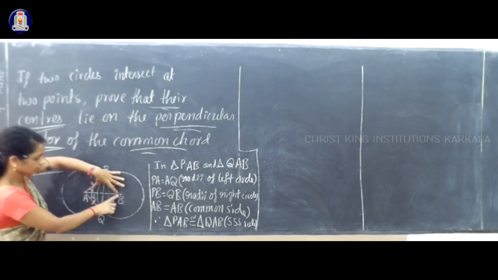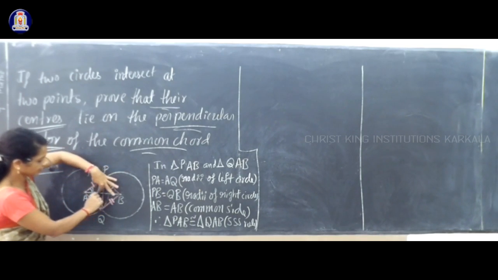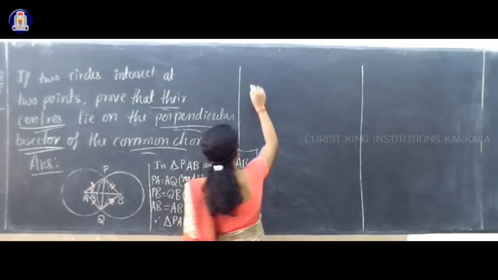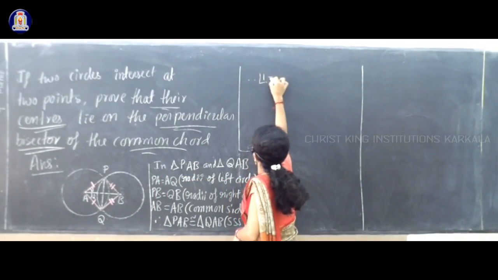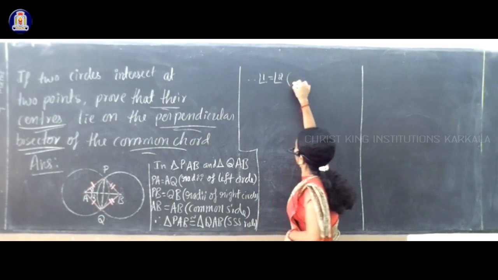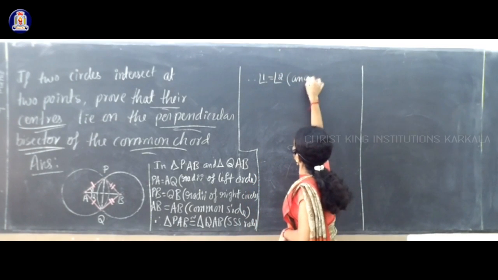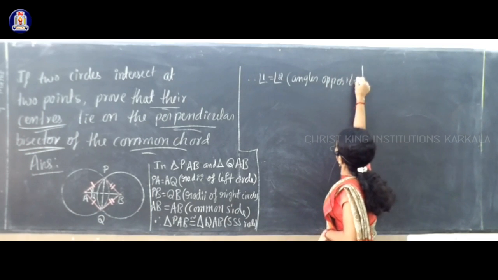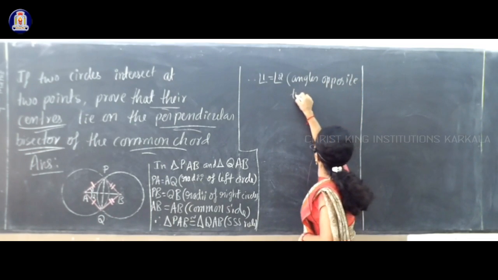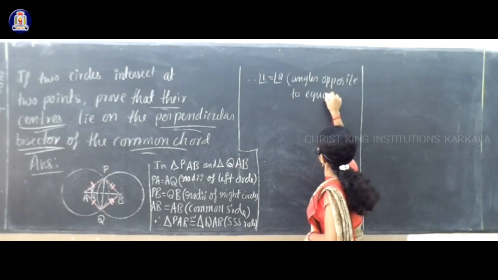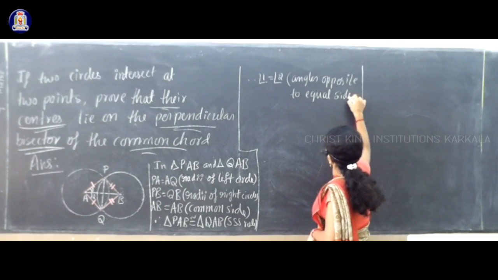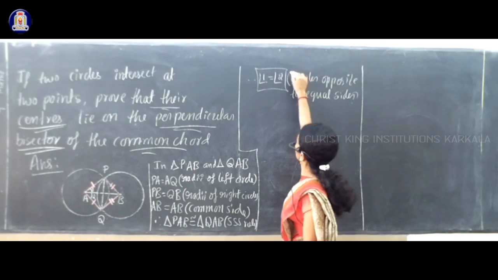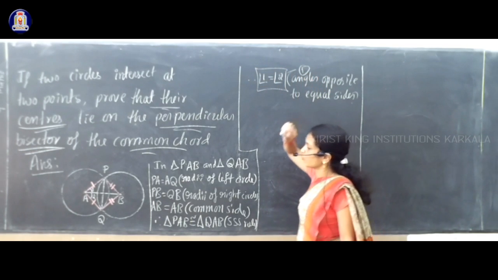So angle 1 is equal to angle 2, and the reason is angles opposite to equal sides. We have to use this later, so take this as equation 1.